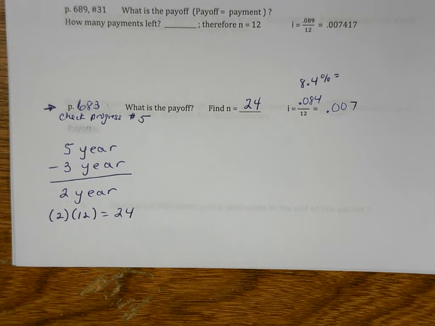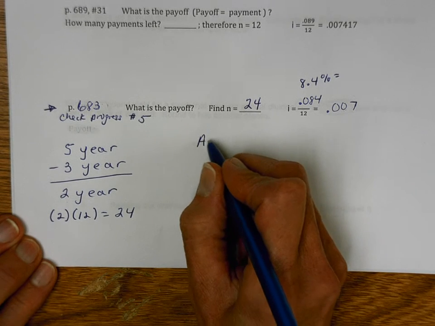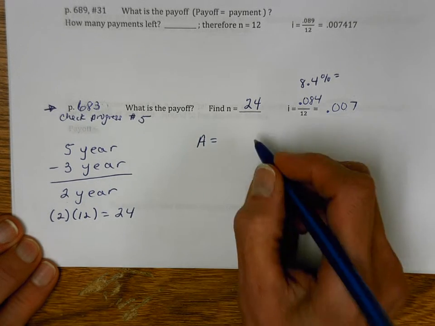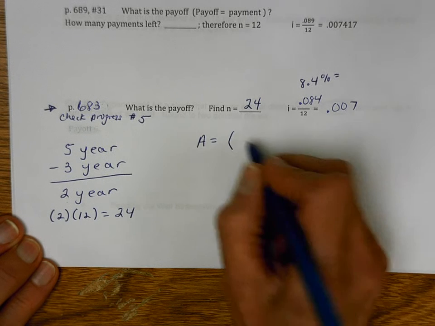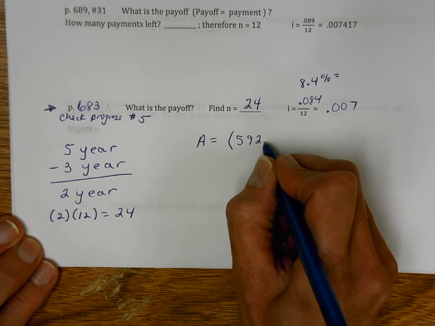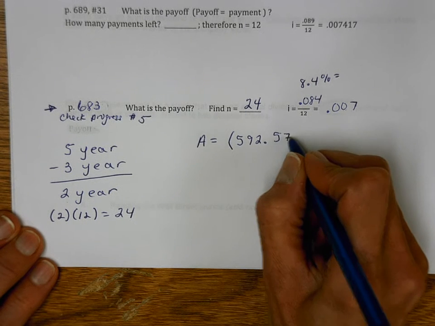Okay. Now we're going to use the payoff loan formula, which is already on this page of your notes. It's on the top. We already used it in the previous problem, but it's also found on page 683 in the green box. So we're going to follow that. It says you take your payment. Now this gentleman, his payment is $592.57.